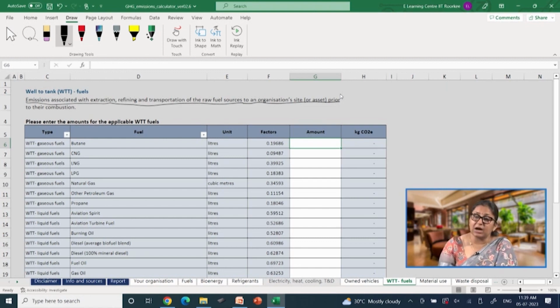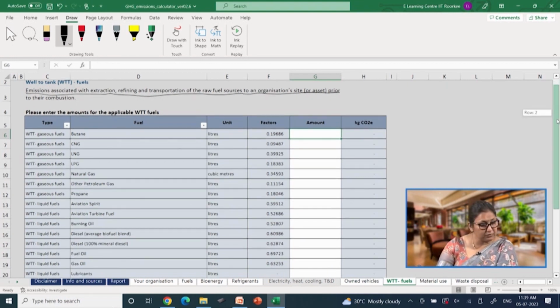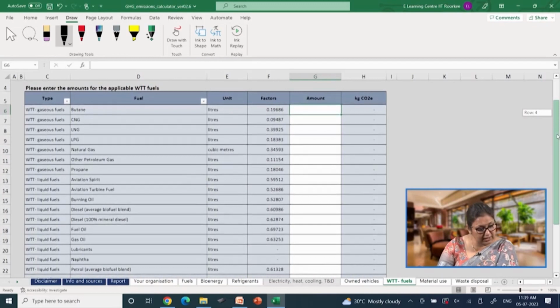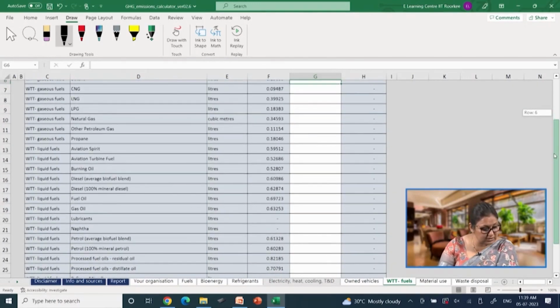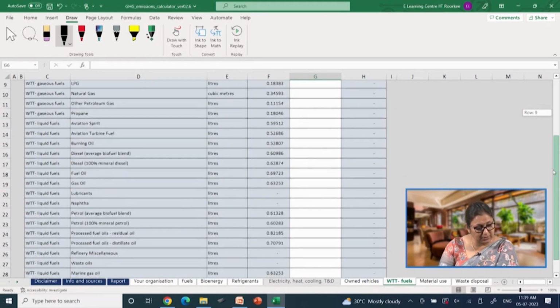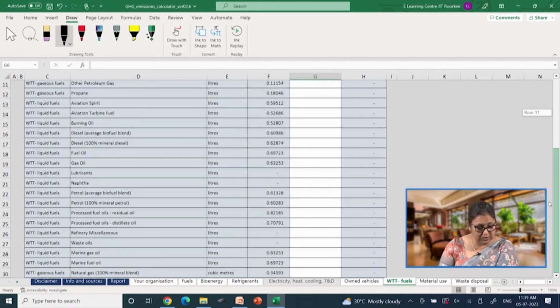All these are primarily, this particular tab is relevant for the extraction companies, the petroleum extraction companies, the fuel extraction companies, and we would find a lot of different fuels here. We are talking about CNG, LNG, LPG, natural gas, diesel, fuel oil, gas oil, petrol, processed oils, waste oils.